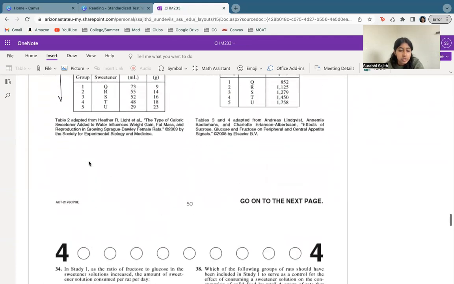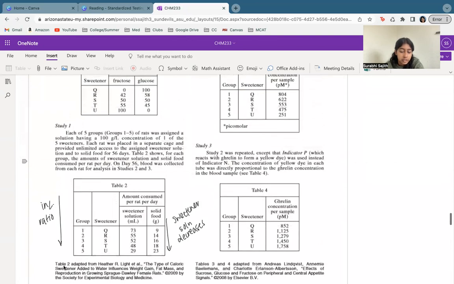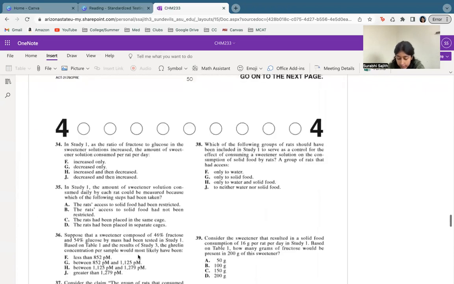Yeah, sweetener solution consumed per day. So as the ratio increases, sweetener solution decreases. We can see that because this is the increase in ratio, and then we can see that the amount of sweetener solution consumed decreases consistently. So in that case, G is going to be our best answer, and we can select that.